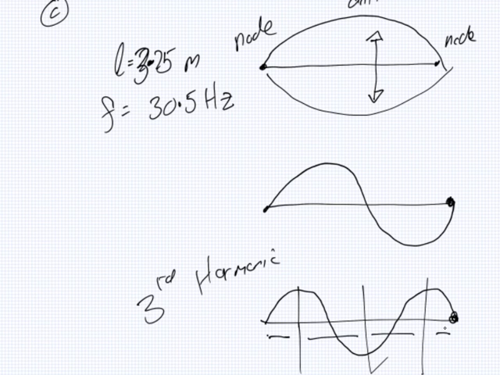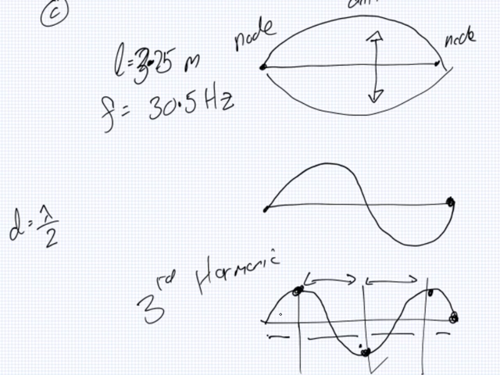What do they want, the distance between the antinodes? Determine the distance between antinodes at this frequency. So this antinode and this antinode are half a wavelength apart, and this one is also half a wavelength apart. So the distance is half a wavelength.